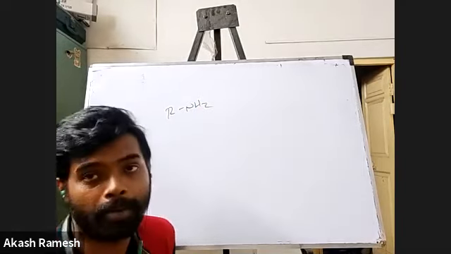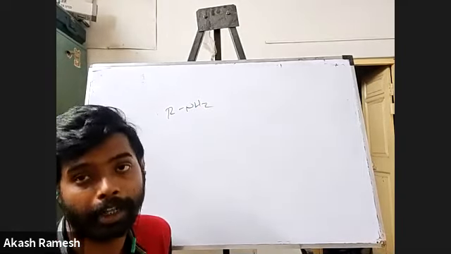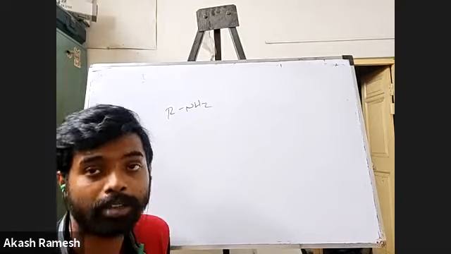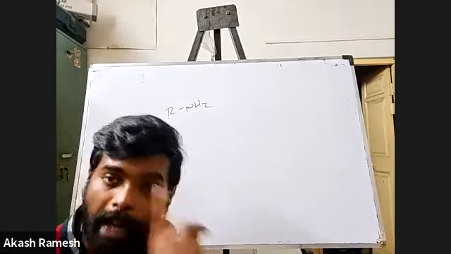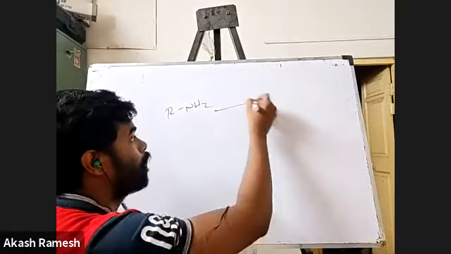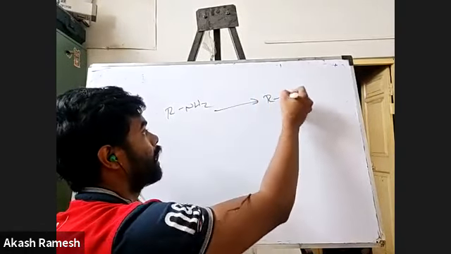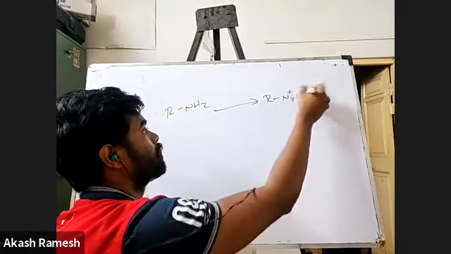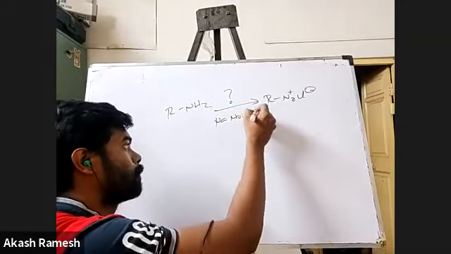Two, aryl primary amines, only aniline kind of compounds will be able to form diazonium salts. Aliphatic primary amines, fine, we'll see what happens. So for producing N2 plus Cl minus, what do I have to put here? NaNO2 and HCl. Okay, fine. So I have to put NaNO2 plus HCl.